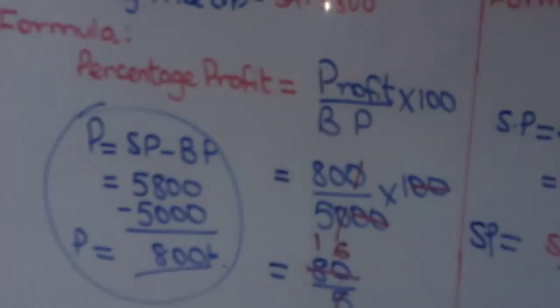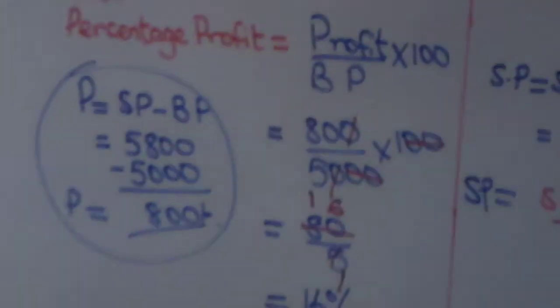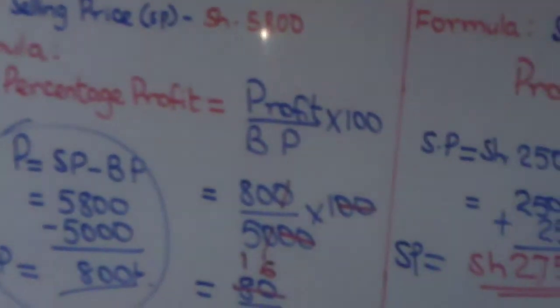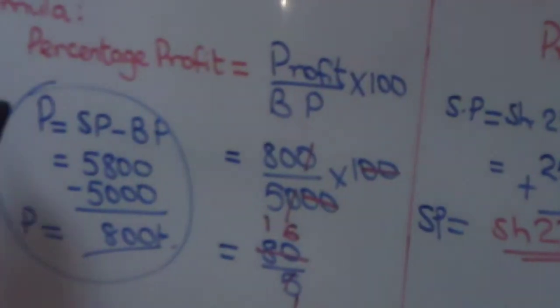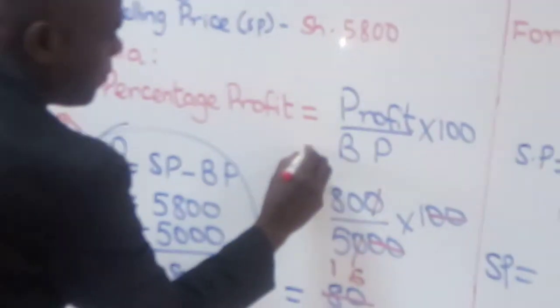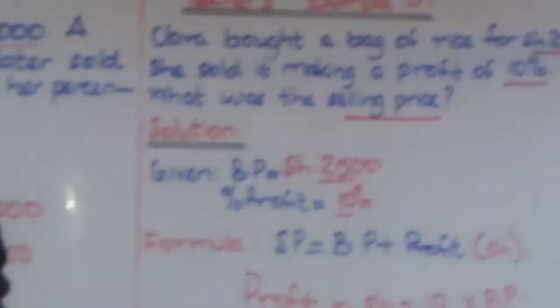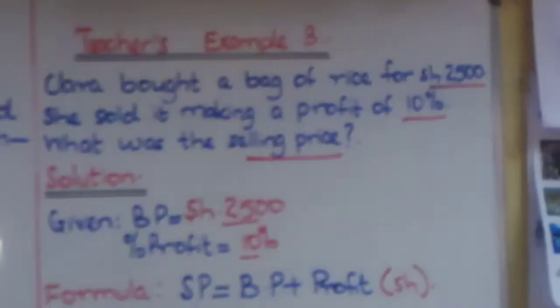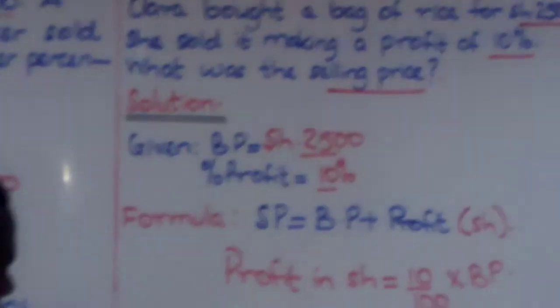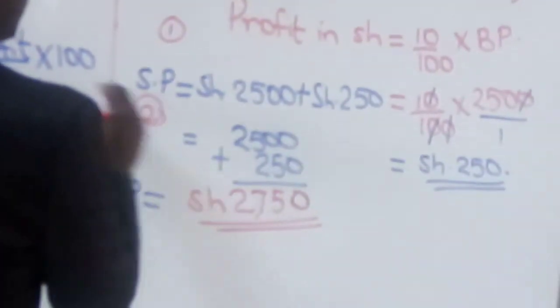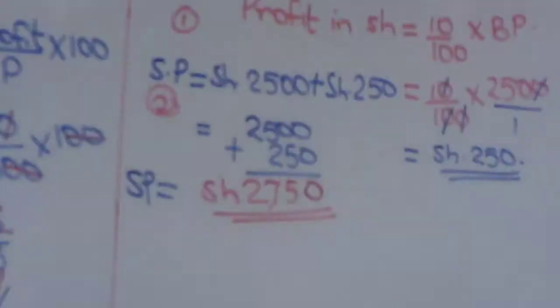The first step was to find the profit, and then you find the percentage profit. Now, in the third example, we can see it's becoming a bit complex. Again, we had to find the profit in shillings. That was step number 1. Then step number 2 was that. And that is how those sums are done.